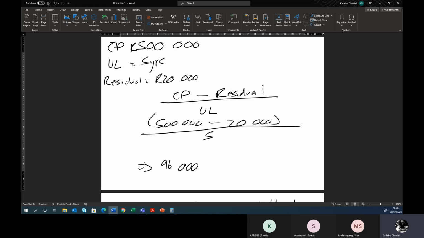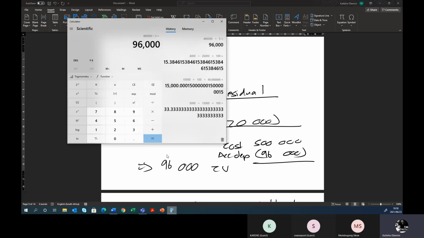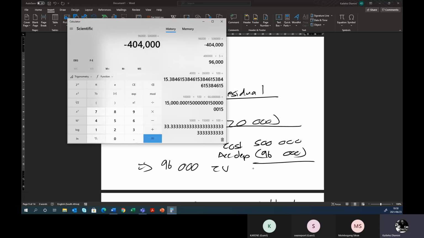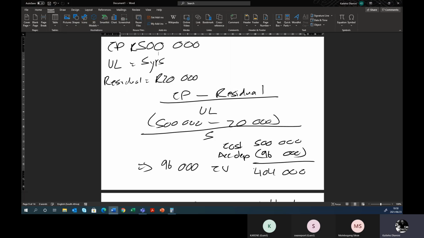So you'll have your cost, which is 500,000, and then your accumulated depreciation will be 96,000, and then your carrying value will be the difference. So that will be for year 1. I'm just going to minus 500,000 here. So year 1 we have 404. That's how much it's still worth. Year 2 we subtract another 96, and so forth.